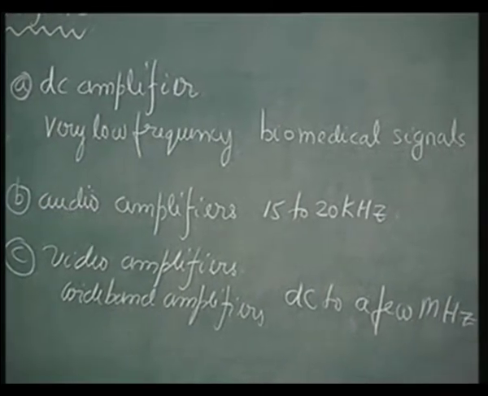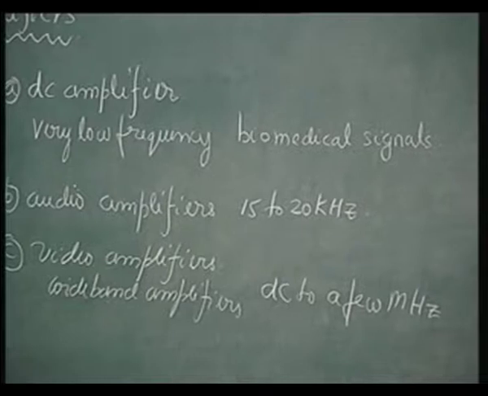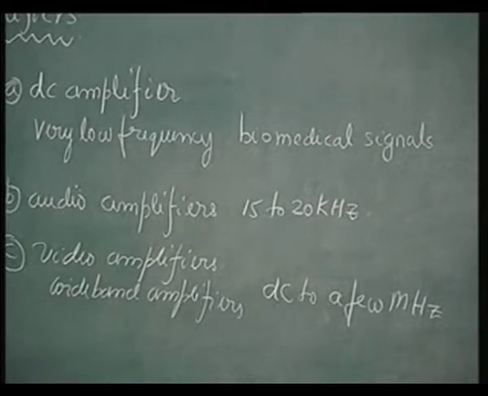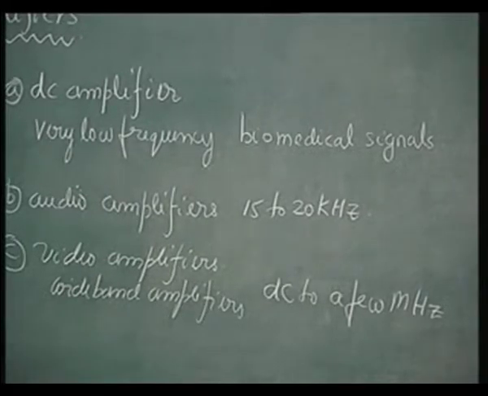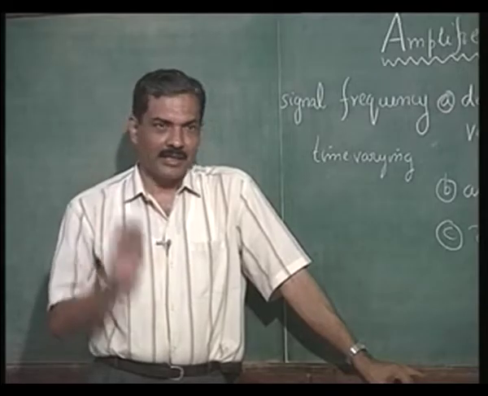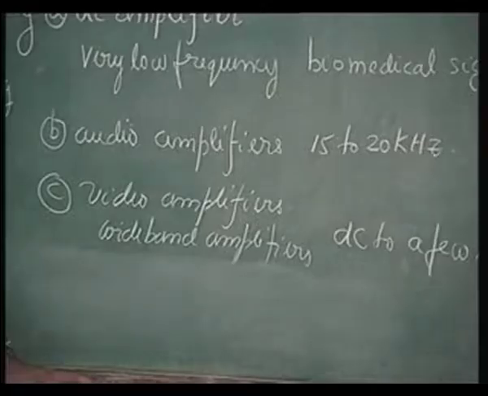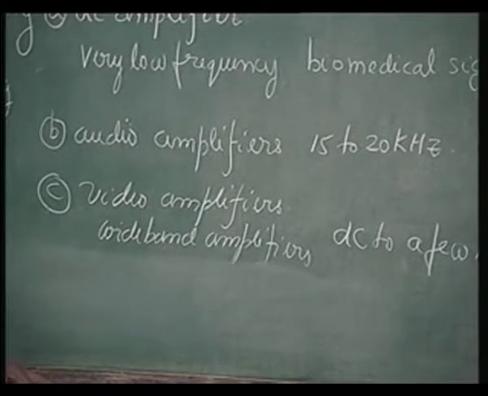Apart from this, we also need to design amplifiers for already coded signals. Either the signal may be FM or put in the form of FM or AM. These high frequency amplifiers which are used for FM or AM signals, these are the ones which are of interest.